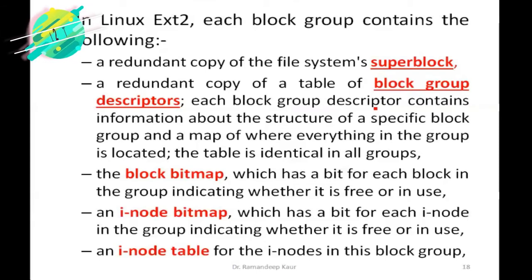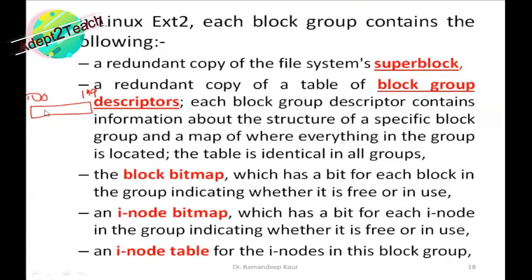Then next is your block bitmap. It will store 1 bit per block. Let's say we are considering the sample of 100 to 199. This is one block group under the first partition. Now in this block group, there are different spaces, that means 101, 102, 103.